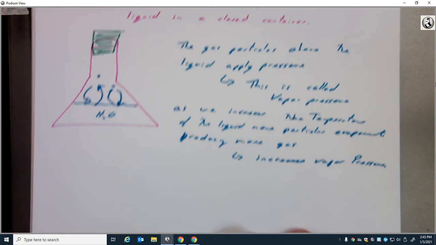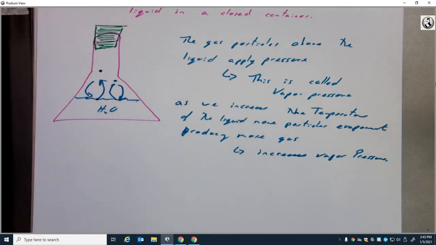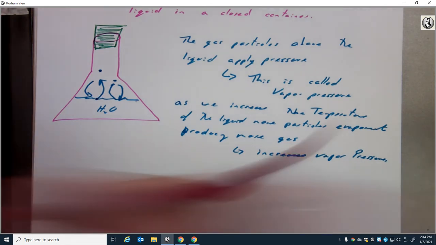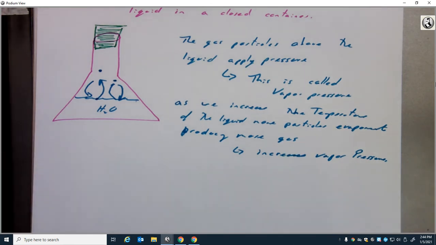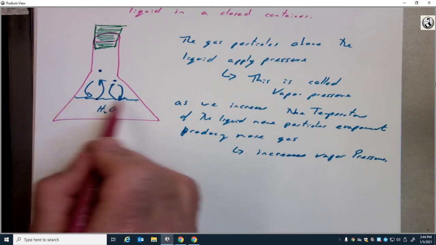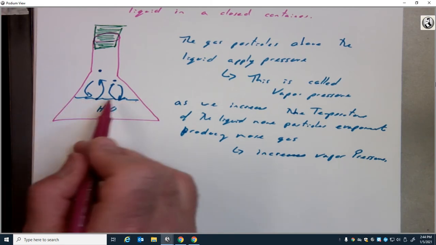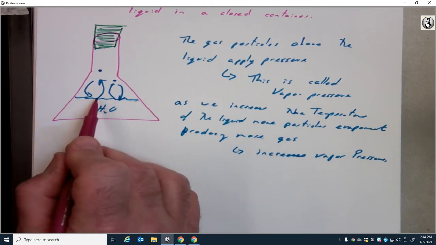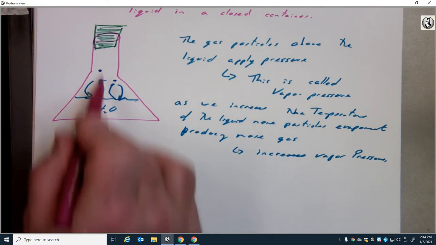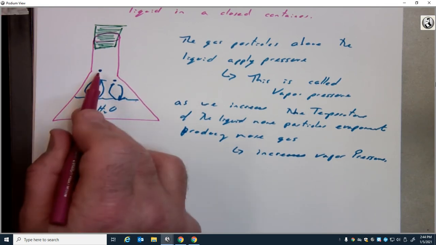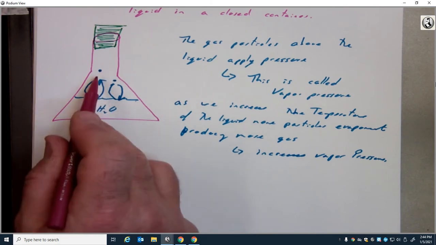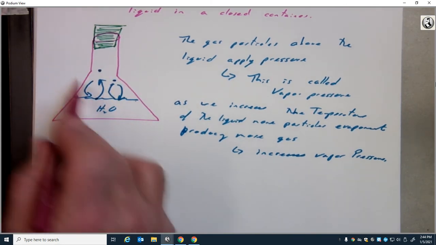Now, what's the relationship between the strength of intermolecular forces and vapor pressure? Well, let's say that this has very strong intermolecular forces. If it has very strong intermolecular forces, it doesn't want to evaporate. If it doesn't want to evaporate, that means we're going to have fewer gas particles.